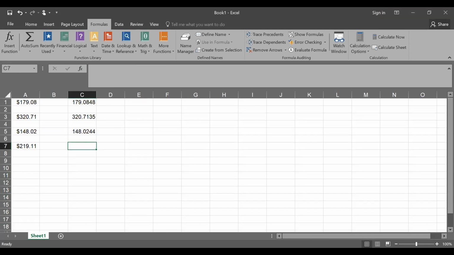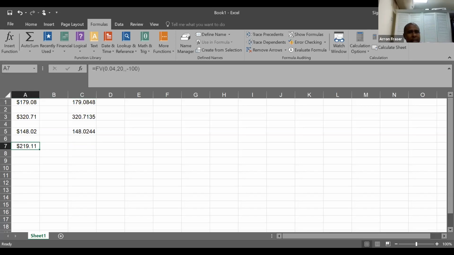So if you invest $100 at 4%, compounded annually for 20 years, you will end up with $219, almost double. Well, more than double. Any questions? Once you become comfortable with these formulas, that makes your life so much easier. Any questions? Could we move on to the other one?